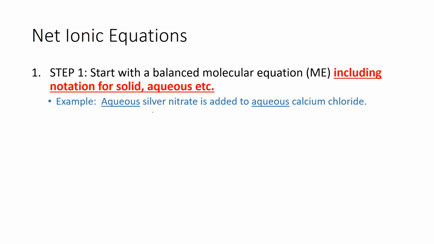Silver is +1, nitrate's -1, calcium's +2, chlorine's -1. When I write my associated molecular equation, I get my silver nitrate and calcium chloride. I predict my products as silver chloride and calcium nitrate. I label aqueous, etc. A precipitate does form, so there is a reaction, and I go back and balance. That should be nothing new to you guys. This is something that you should have been working toward mastery of all along.